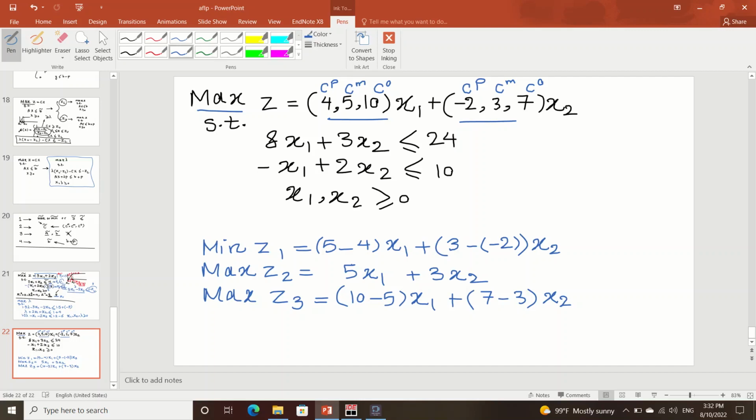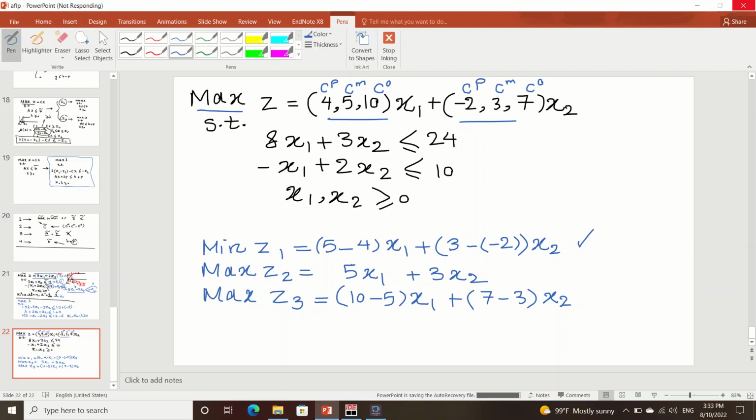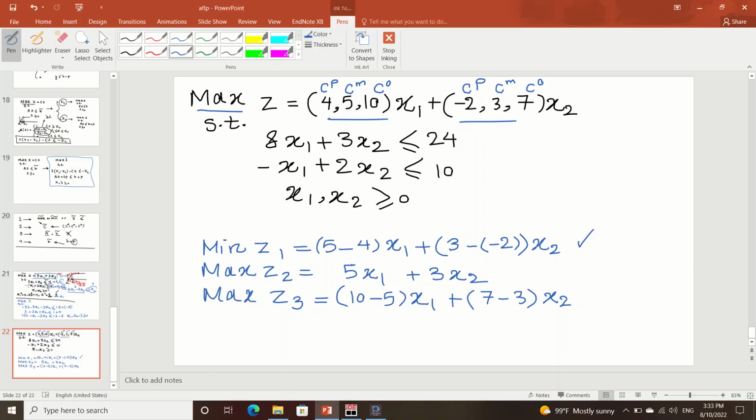the three models, three crisp linear programming models, individually with every objective function subject to the main constraints. And we have obtained the solutions.